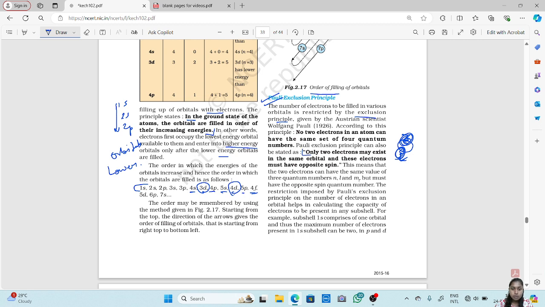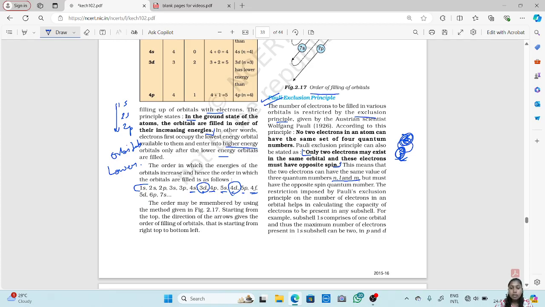So Pauli's exclusion principle states that only two electrons may exist in the same orbital, and these electrons must have opposite spin. This means the two electrons can have the same value of three quantum numbers, that is n, l and m, the principal, azimuthal and magnetic quantum numbers.